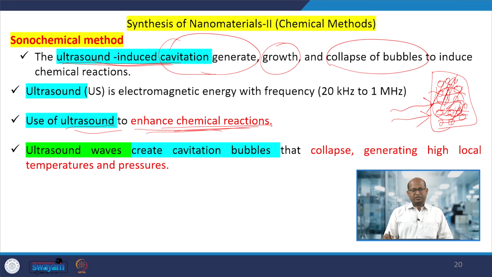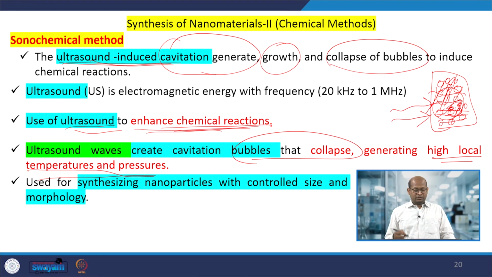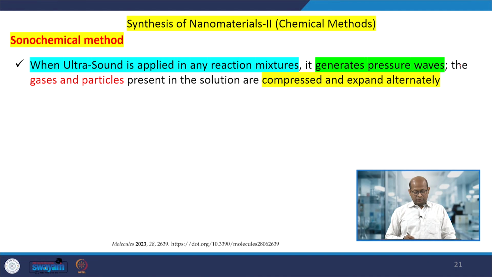As a result, extremely high temperatures and pressures are developed in that particular location inside the reactor when the bubbles collapse. Therefore, high local temperature and pressure are developed when ultrasound is used for nanomaterial synthesis to control the reactions.